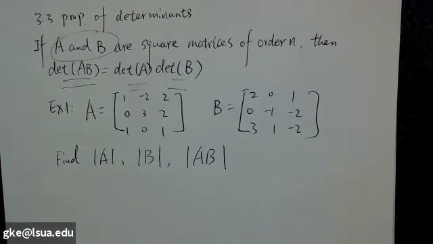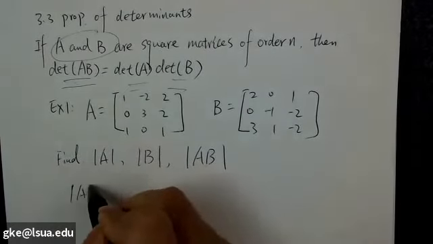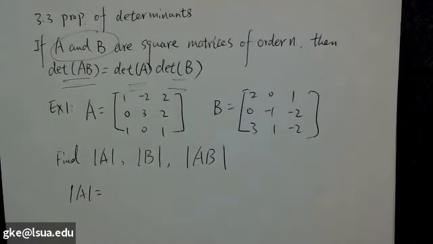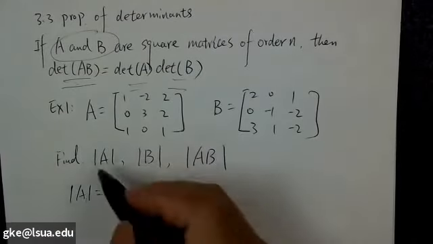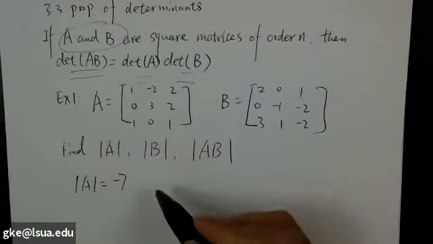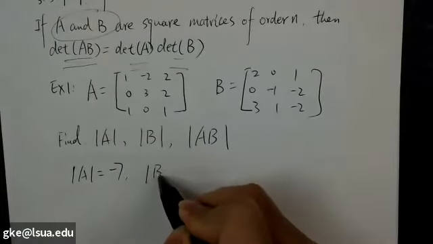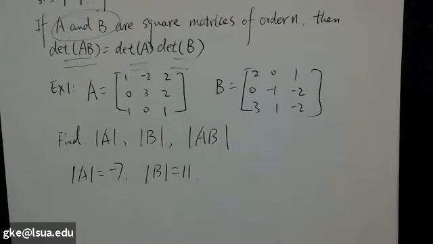So I will write down the answer on the board. You guys need to calculate it by yourself. Okay. So determinant of A should be negative 7, and determinant of B should be 11.